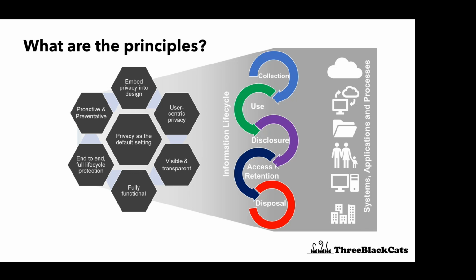And the last one, proactive and preventative. That is about privacy settings and options, being able to pre-think what people want. And that's things like popping up warnings: hey, if you click this button, you're going to make your profile visible to everyone in the world. Are you still sure you want to do this?